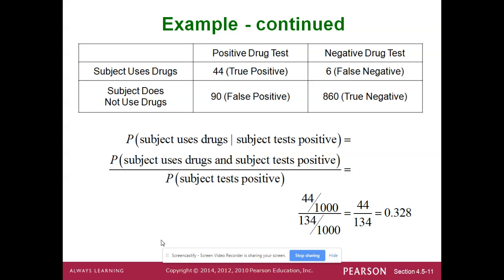Divide those two fractions, the denominators cancel out, and we get 44 over 134, which we round to 3 significant digits. So the probability that a subject uses drugs, given that they tested positive, is 32.8%, from our data here. That's the probability of B given A, if we randomly selected them.